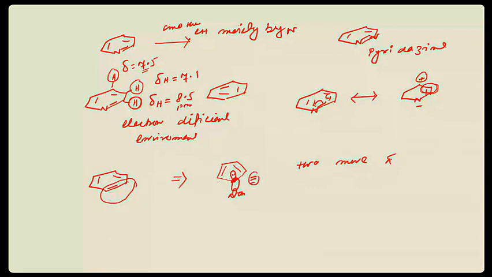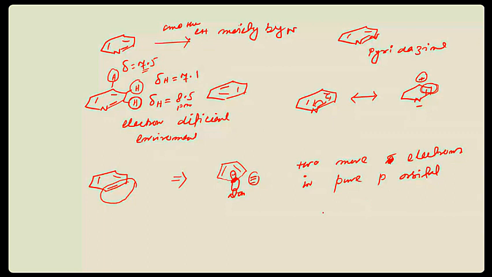That's why we need two more electrons in pure p orbitals. Then again, nitrogen is a good friend.